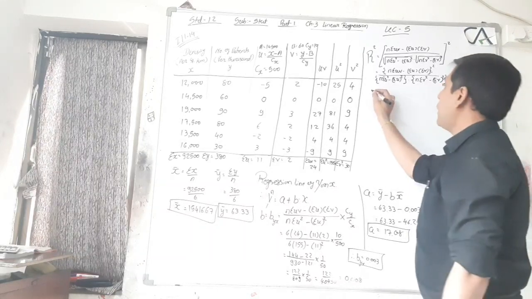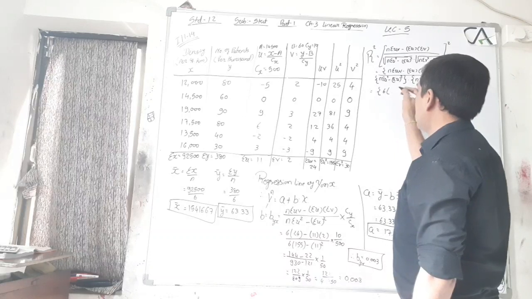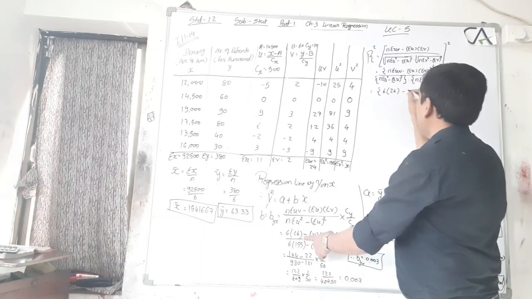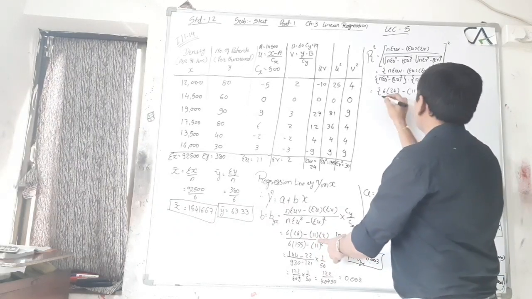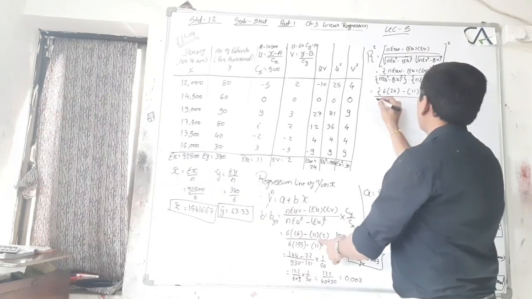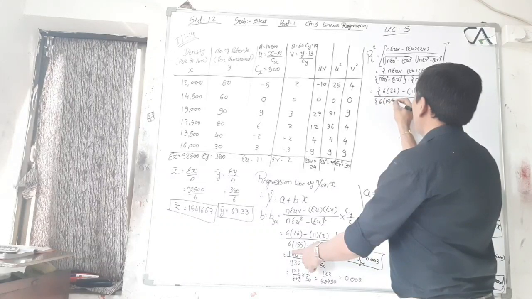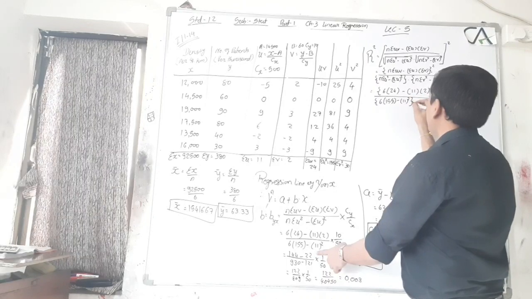Now put the values here. What is your n? That is 6. Sigma uv here is 24, minus 11 into 2, and whole square, divided by, in the first, 6 into 155 minus 11 square.